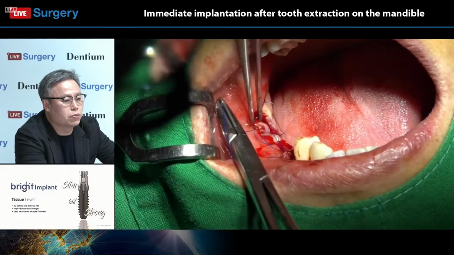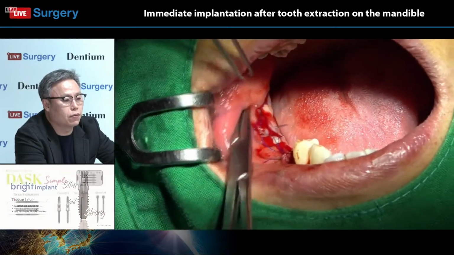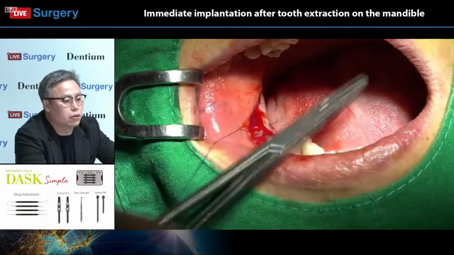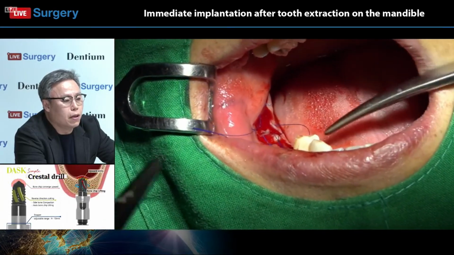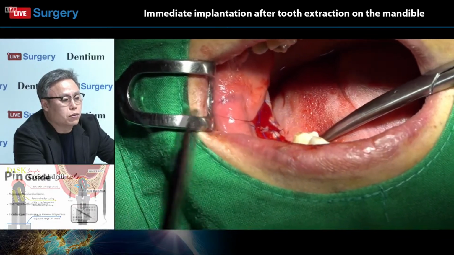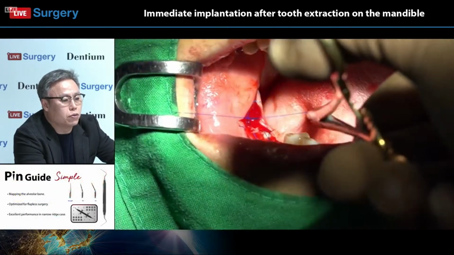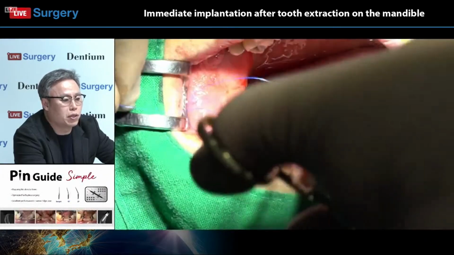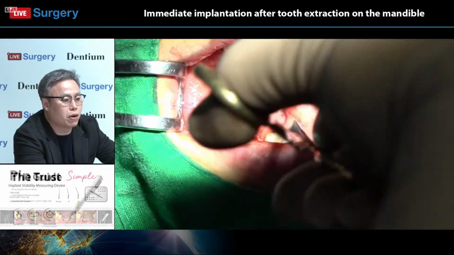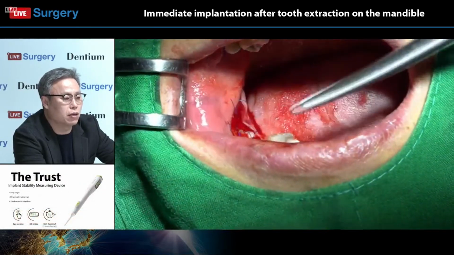Yeah, that's pretty much the amount of flap for the primary closure. There are some scientific reports of some advantage to using two layers of membrane, especially when you are using titanium mesh.